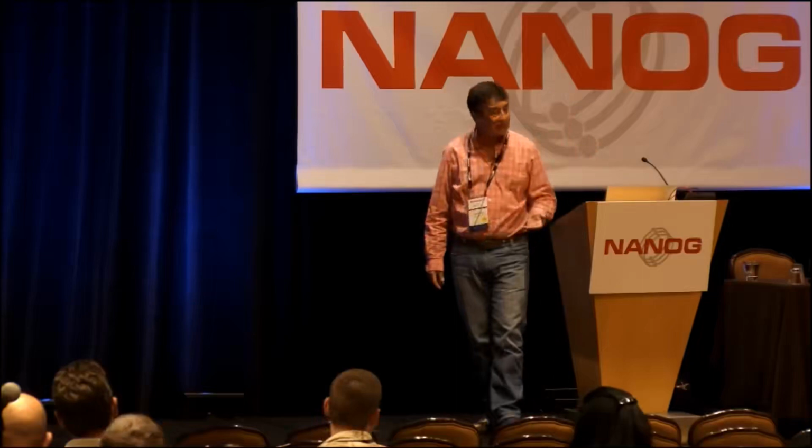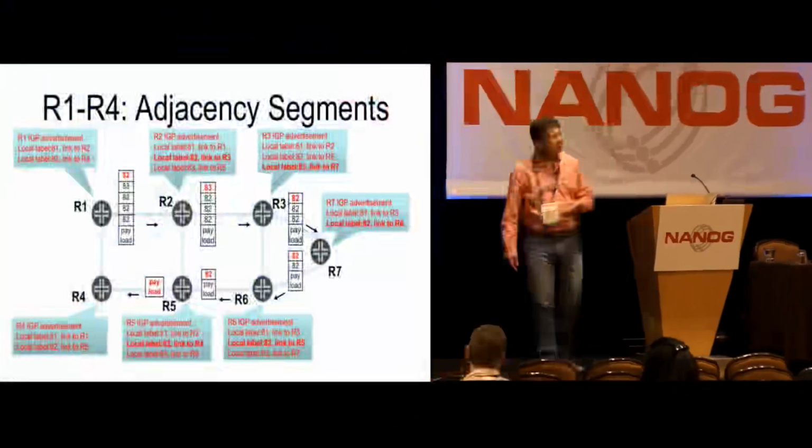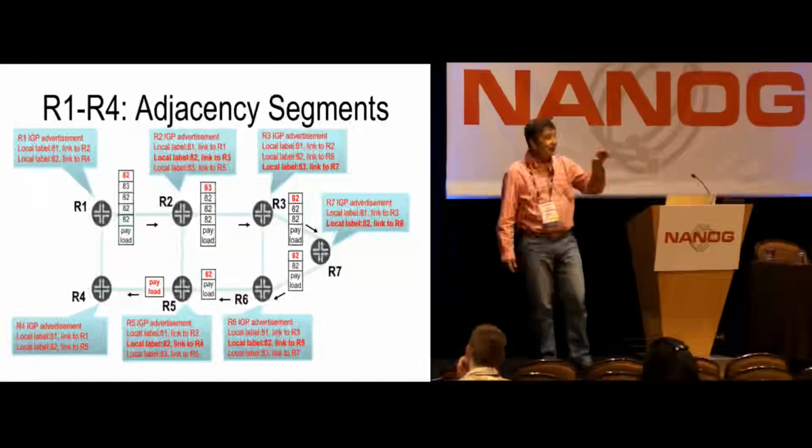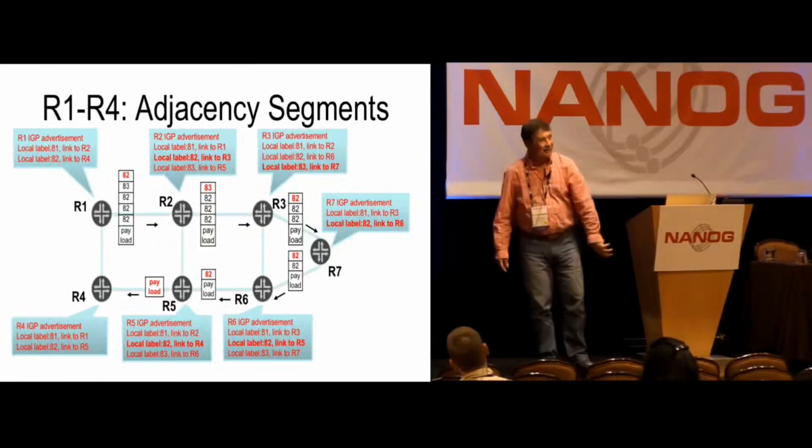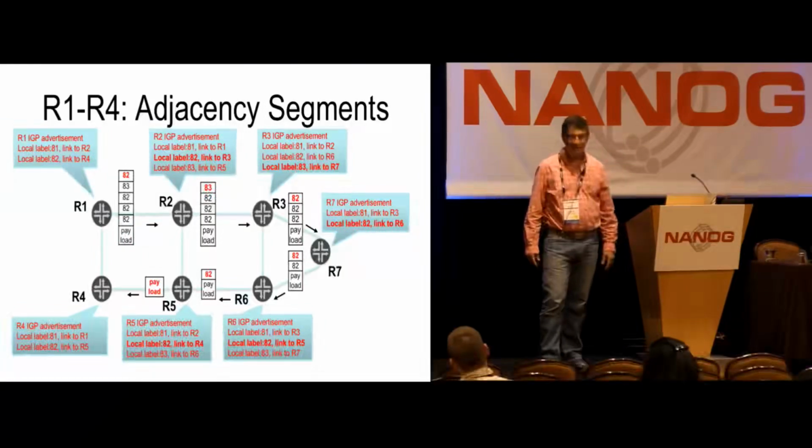R1 knew it, and R1 put it in the packet. This is the packet header you're looking at. When R2 got it, it had enough of the packet header left to route it the rest of the way. R2 pops off some and sends it on to R3. So the state, in this case, R1 knew it, he put it in the packet, and the packet carried it with him as it went to the egress.